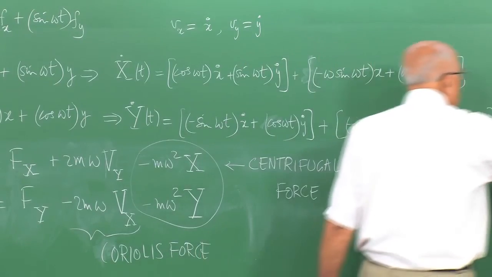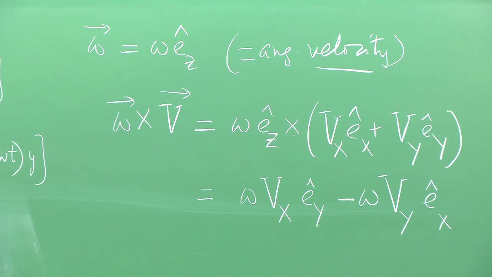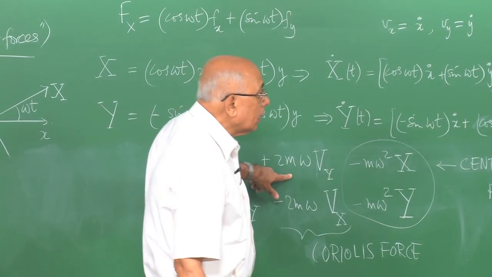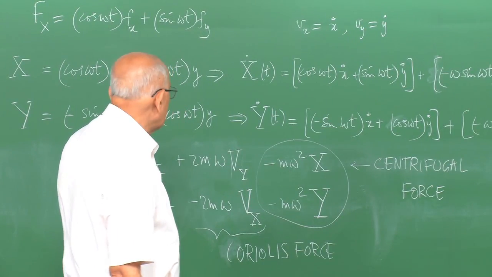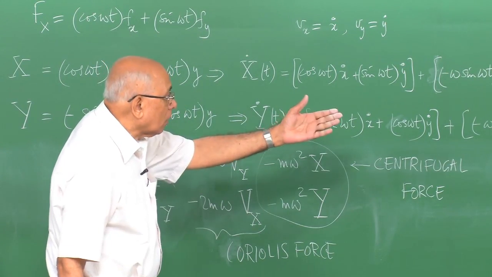This is the vector, of course. We have here 2m omega Vy sitting there, so it is minus the x component of omega cross v.